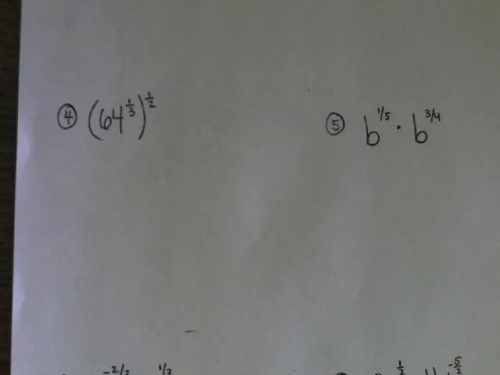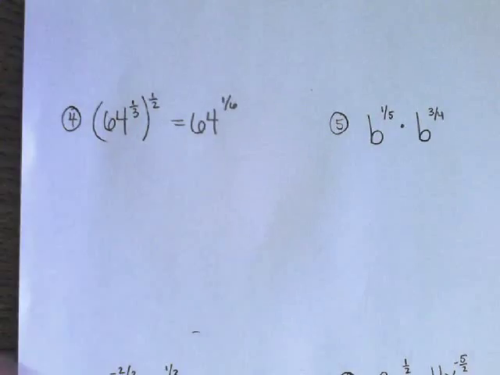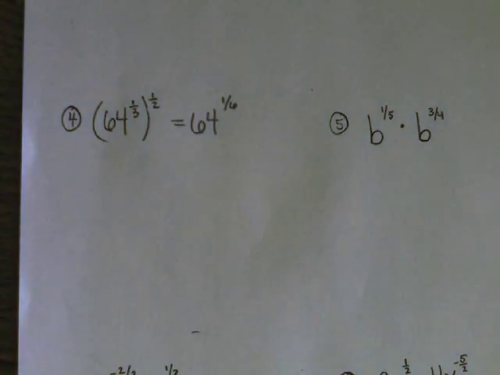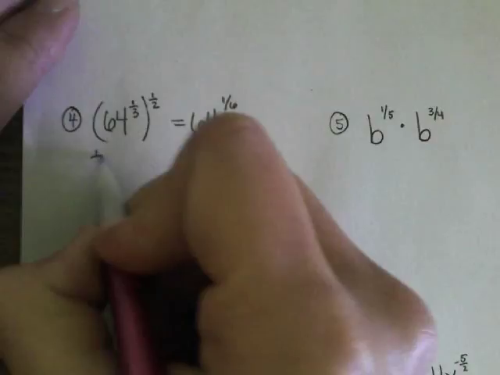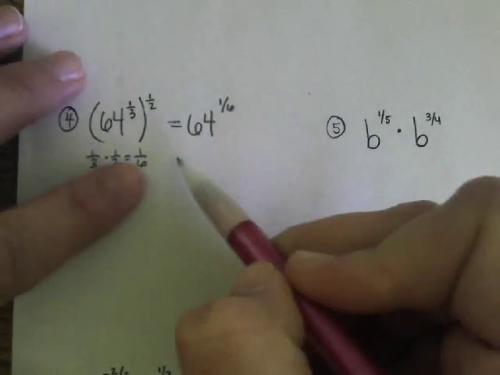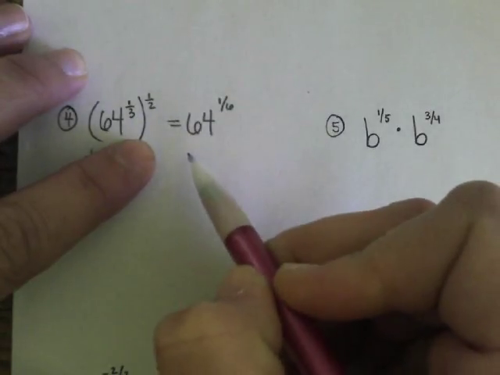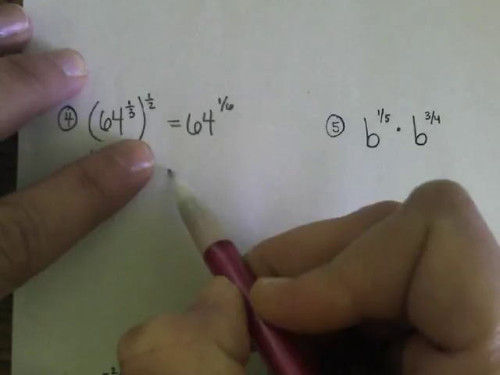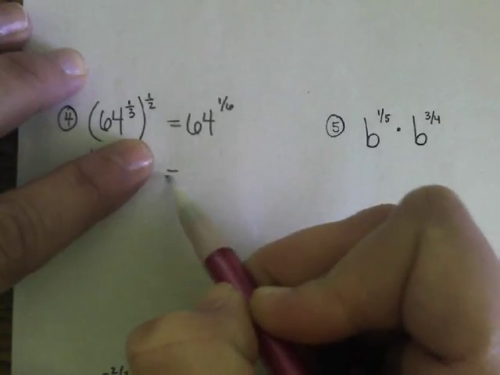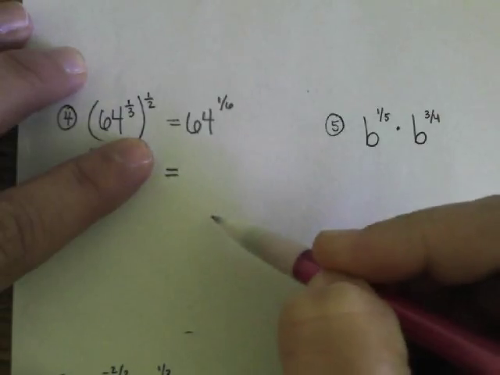Chance, what do you think? 64 to the 1/6 is correct, because this is your power to power, so we multiply 1/3 times 1/2, and 1/3 times 1/2 is 1/6. Molly, then what is this going to be now put into radical form?